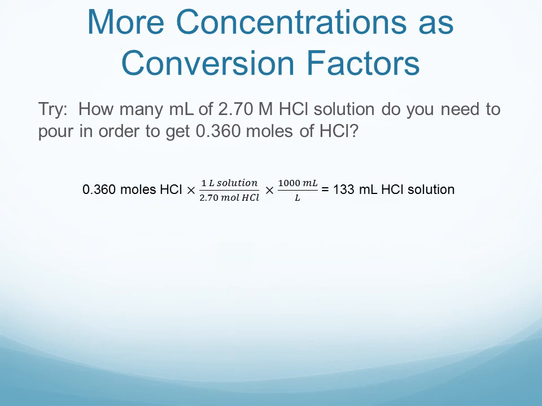If we divide the 0.360 moles of hydrochloric acid by the solution concentration, we get rid of the moles of hydrochloric acid and have liters of solution, which is a volume, but this question specifically asks for milliliters. So we have one more step, multiplying by a conversion factor that will change liters of solution to milliliters of solution. What we would need to get the 0.360 moles of hydrochloric acid is 133 milliliters of this given hydrochloric acid solution.